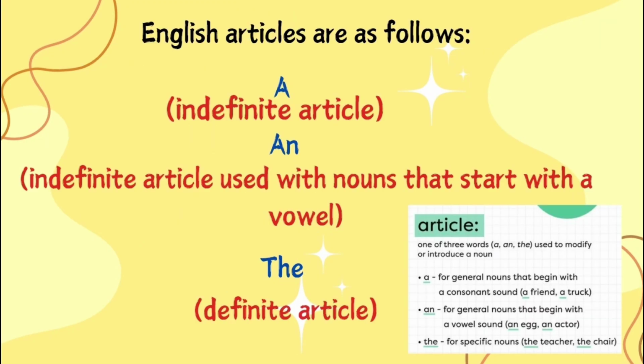Let's see the three articles a, an, and the in the English language. A is an indefinite article that is used for general nouns that begin with a consonant sound. An is an indefinite article that is used with nouns that start with a vowel. The is a definite article that is used for specific nouns.